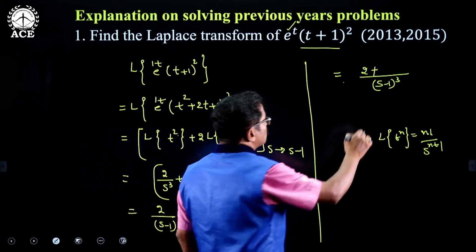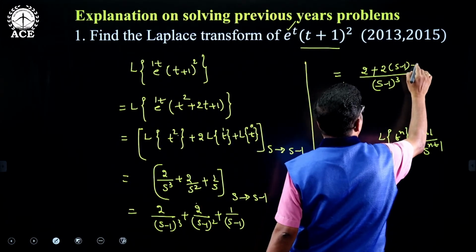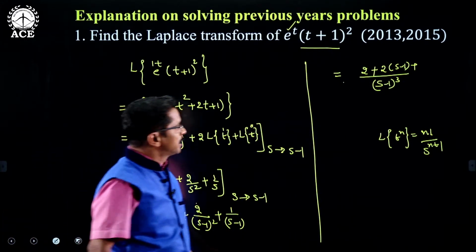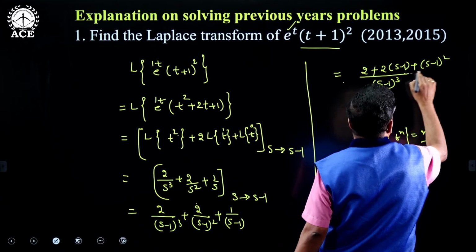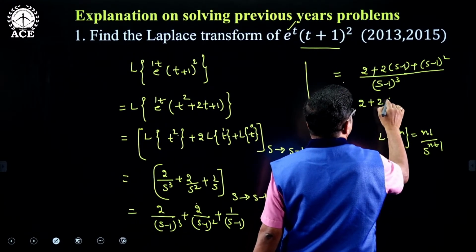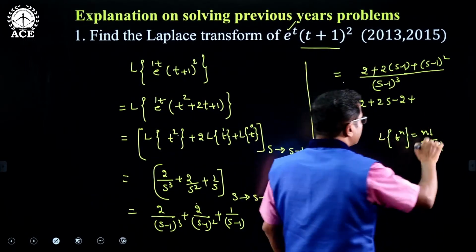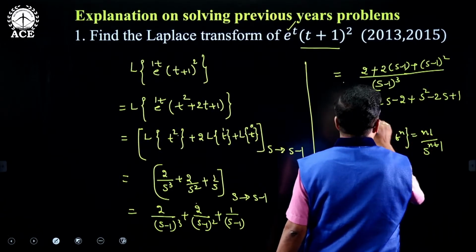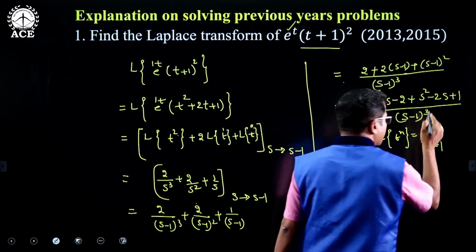So this becomes 2 into s minus 1, plus, here the denominator is s minus 1, it is short by s minus 1 whole square, so the numerator becomes s minus 1 whole square. Which is equal to 2 plus 2s minus 2 plus s minus 1 whole square, you expand it, s square minus 2s plus 1, by s minus 1 whole cube. Right?